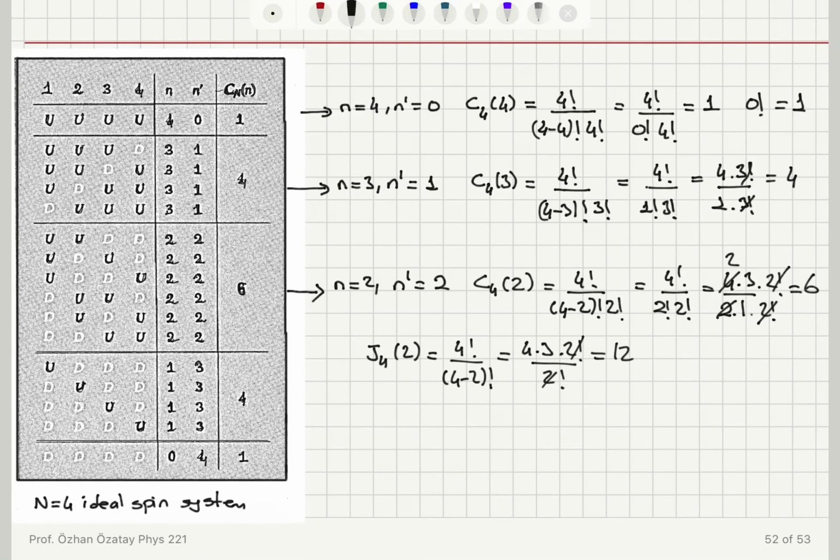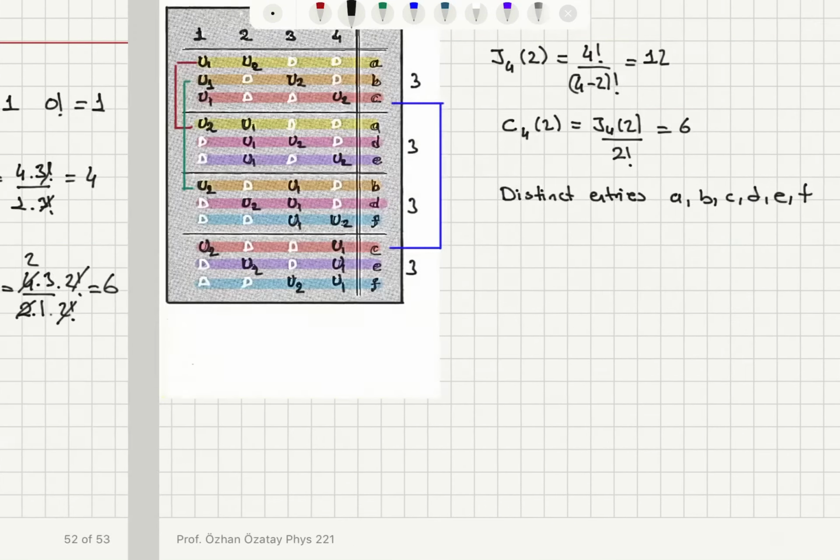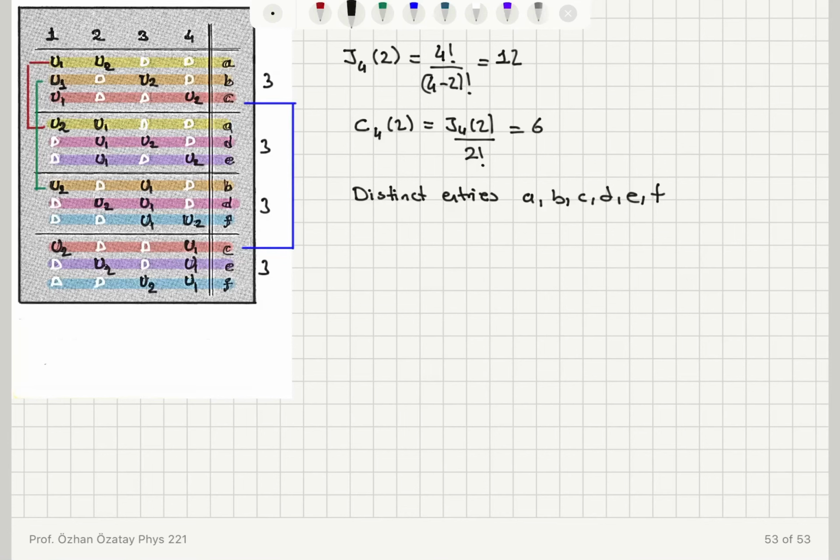Then I checked that the number of configurations I'm getting for the case of the 4 ideal spin system is indeed working. I have explicitly written all the distinct configurations where I have 4 moments up, 3 up, 2 up, 1 up, and no up. And indeed I find that I get the right number. And also in order to understand what I did to get this number of configurations, I looked at my way of placing these ups and downs in my list of 4 moments.